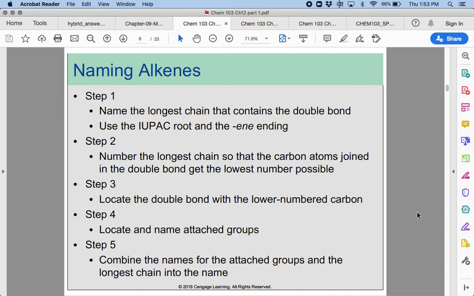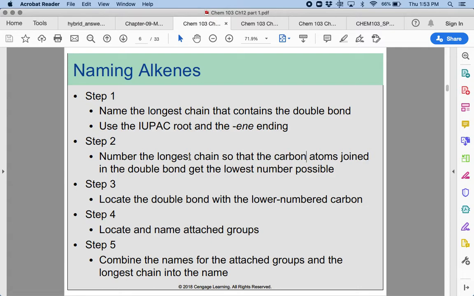So we're going to first talk about how we name alkenes. So we're going to still be using our general trend of this IUPAC naming system where we have the root and the endings. Just like with our alkanes, we're going to build off of it. We're always going to find the longest chain of carbons that are joined together. We're going to give the double bond, or double bonds if there's multiple, the lowest numbers possible on the chain.